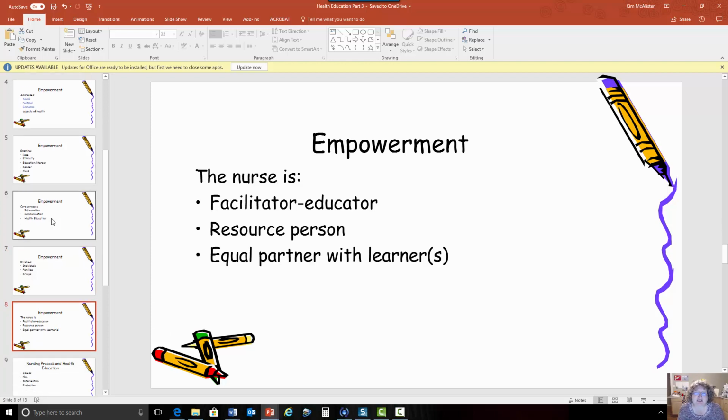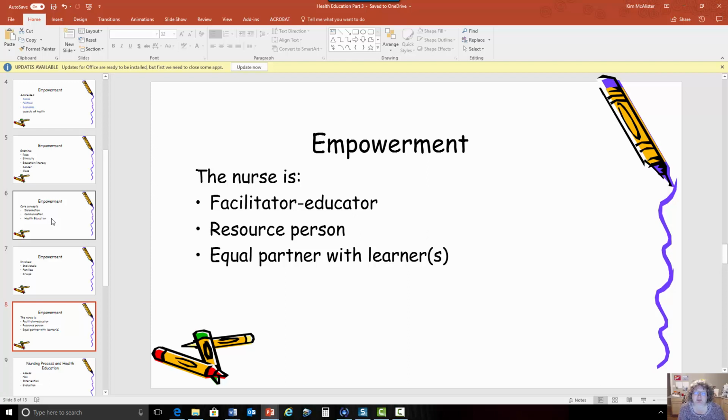So with empowerment, the nurse is the facilitator and educator, and you are the resource person. You're providing information, you're facilitating and educating the event, and you're an equal partner with the learner. So you're not going to arrive and say, okay, this is what you must know, and now I'm going to impart this to you.